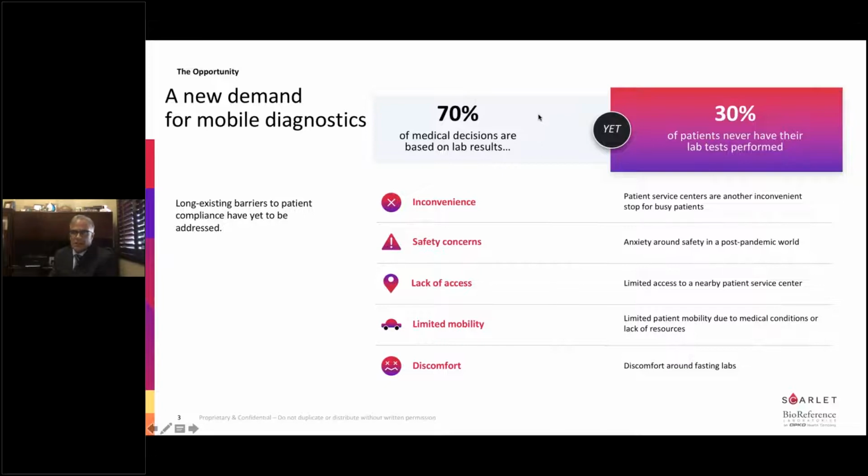An interesting statistic is that 70% of all medical decisions are based on laboratory testing and lab results, but 30% of those patients never have their lab test performed. Pretty significant number when we consider that 70% of all medical decisions are based on a diagnostic lab test.